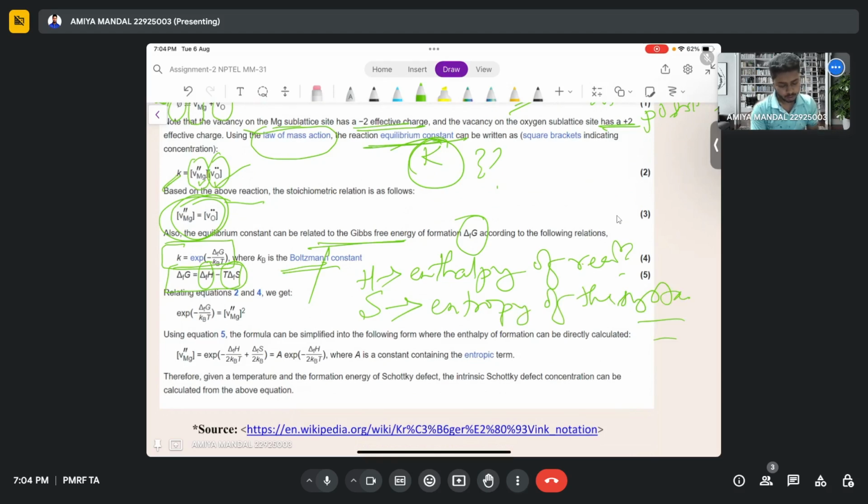So G depends on enthalpy and entropy. By comparing these two equations, meaning this K value and this K value, as they are equal, we can write it as a square value.